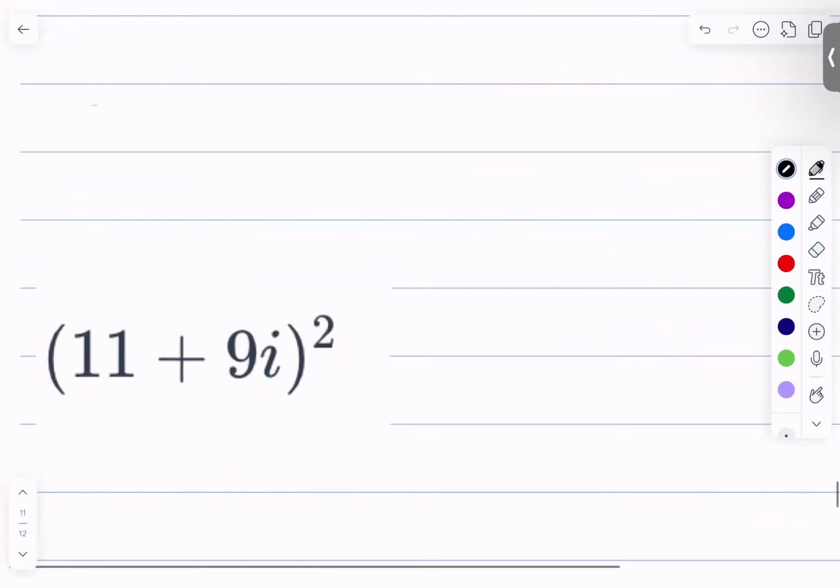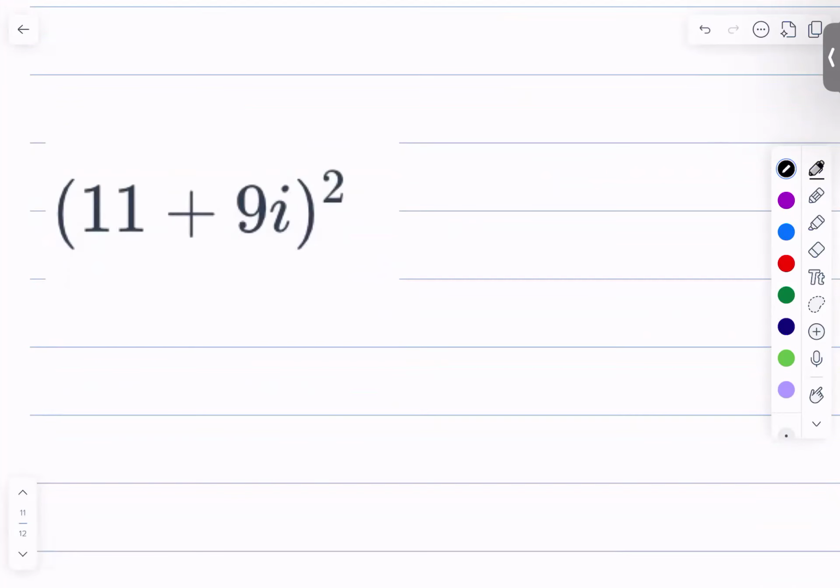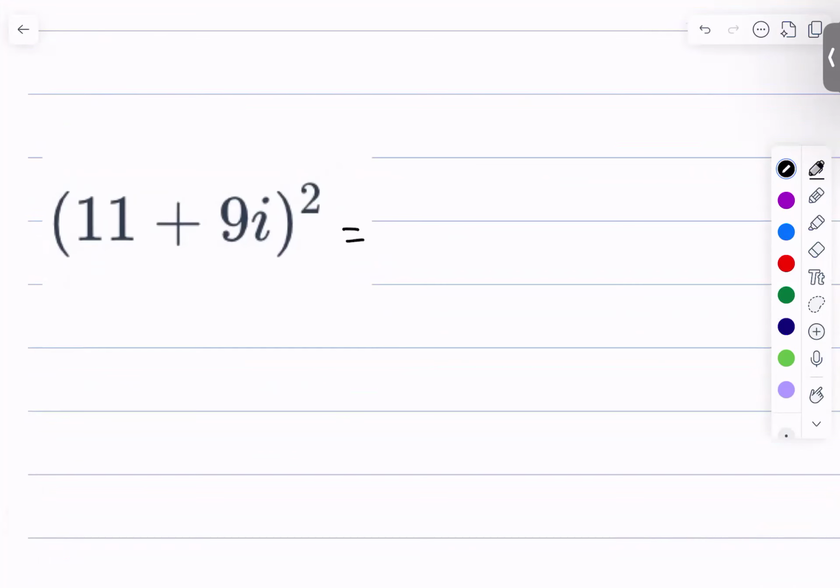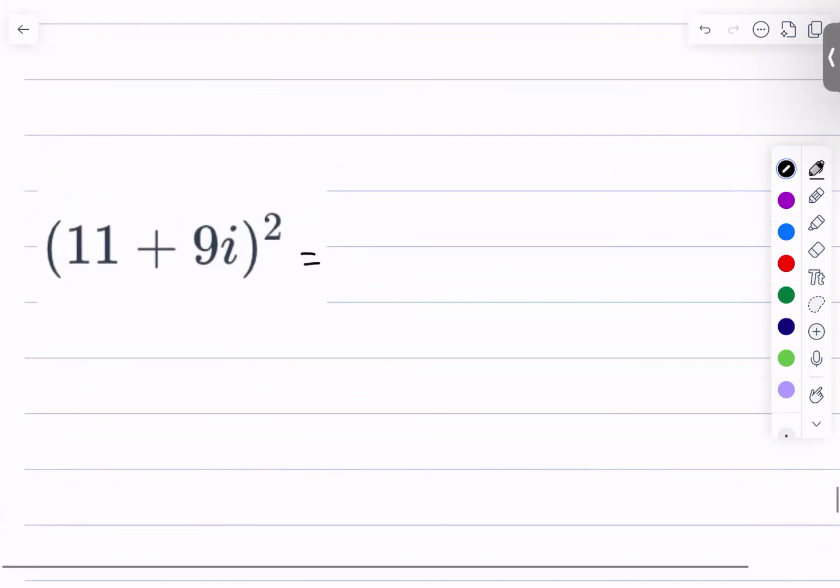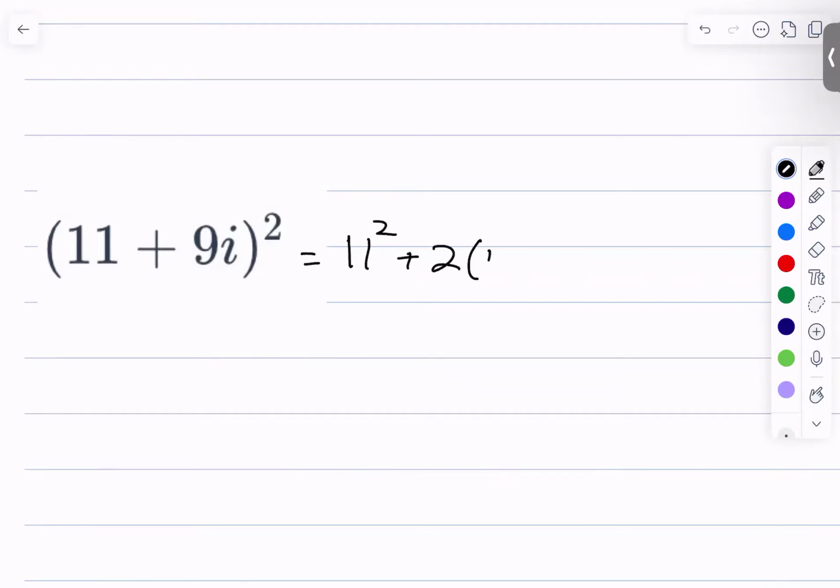This last one, I'm going to use the special form. Okay? So remember, a plus b quantity squared equals a squared, so that's 11 squared, plus 2 times 11 times 9i, 2ab, plus b squared.